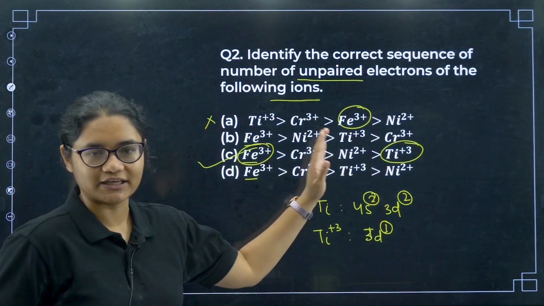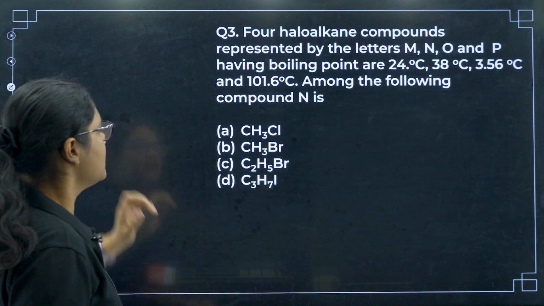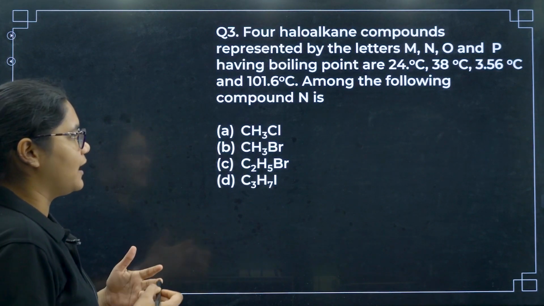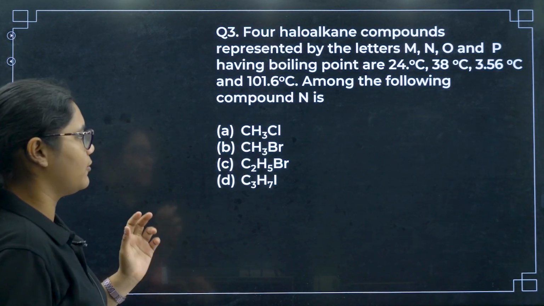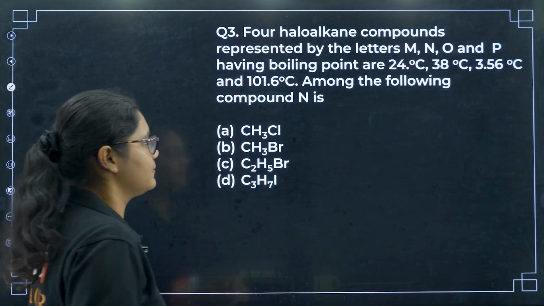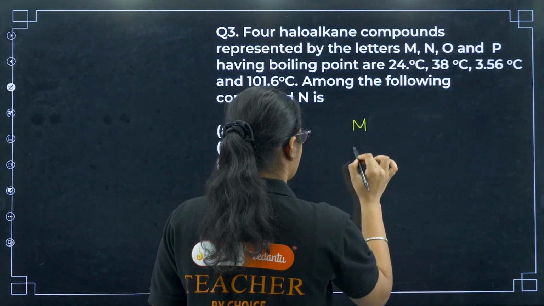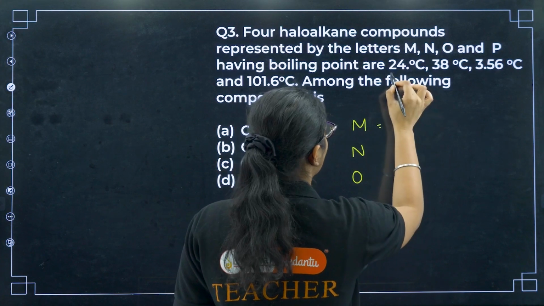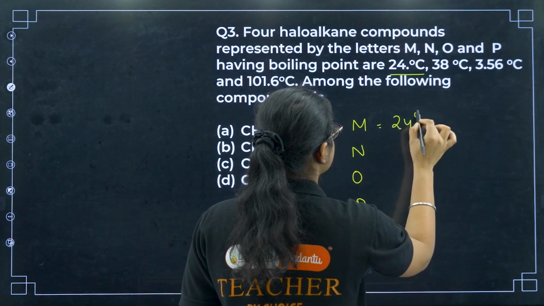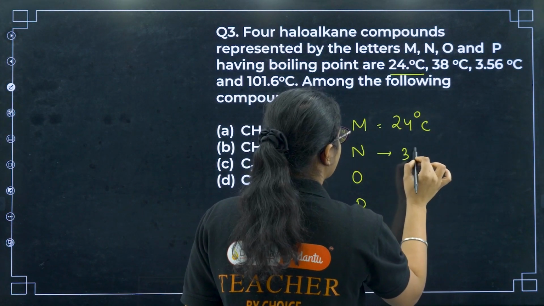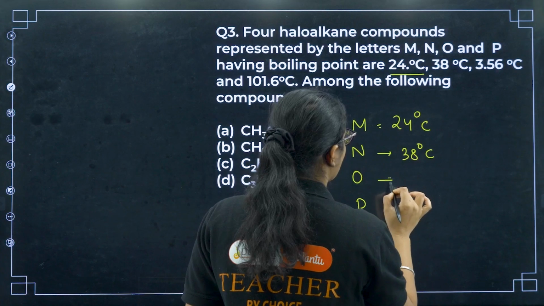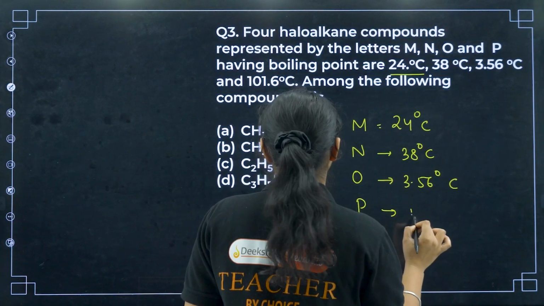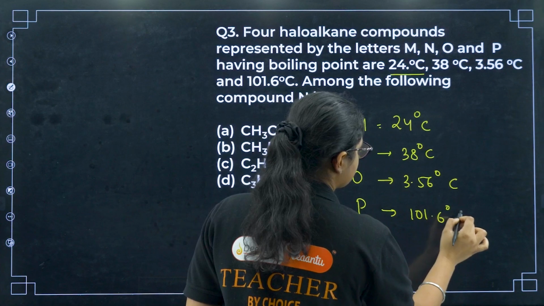We do not have to check each and every option. Next, 4 haloalkane compounds represented by letters M, N, O and P, with their boiling points, are given. Identify N. M has a boiling point of 24 degrees Celsius, N has 38 degrees Celsius, O has 3.56 degrees Celsius and P has 101.6 degrees Celsius.